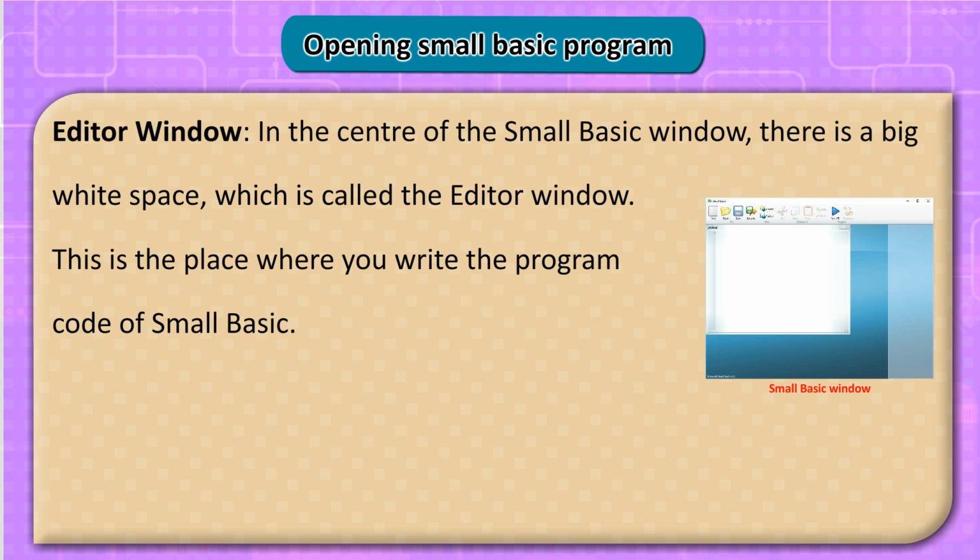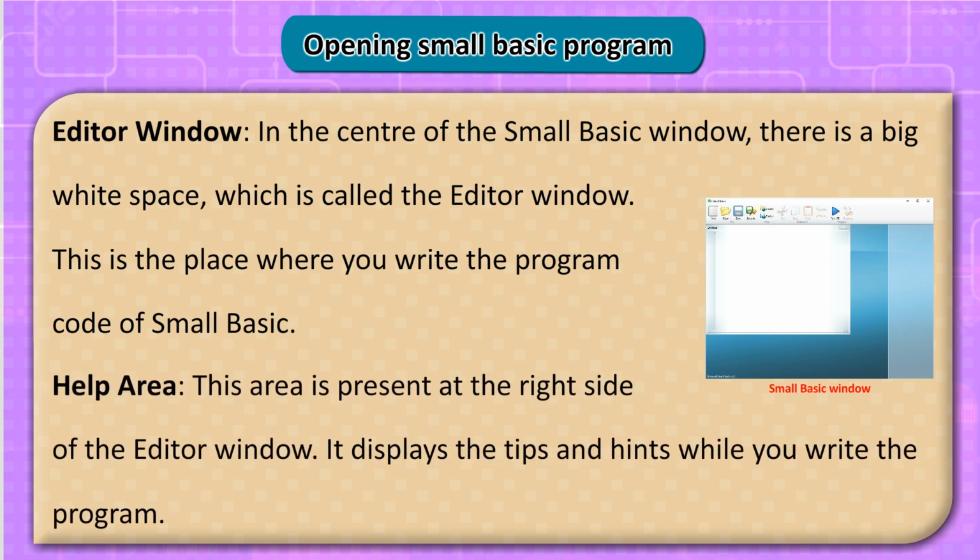Editor window. In the center of the Small Basic window, there is a big white space, which is called the editor window. This is the place where you write the program code of Small Basic. Help area. This area is present at the right side of the editor window. It displays tips and hints while you write the program.